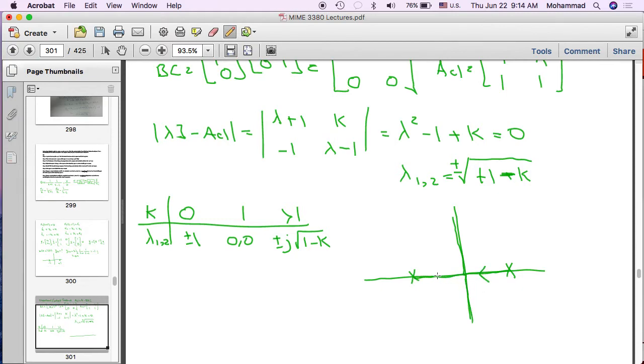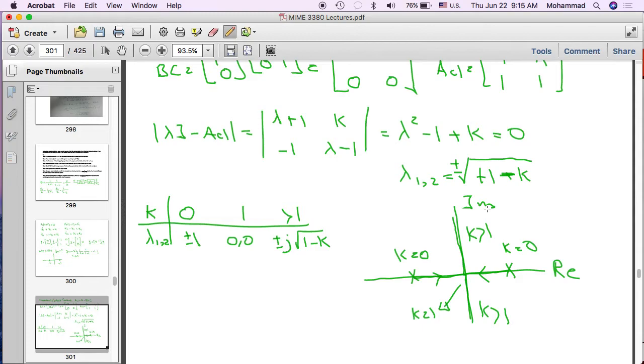That's the direction. So this is k of 0. Here exactly is k of 1, and this is k larger than 1. Here is also k larger than 1. So that's our root locus, with the real axis and the imaginary axis.